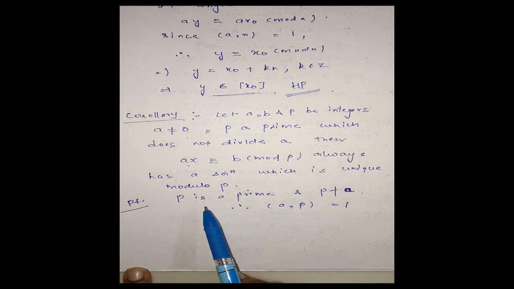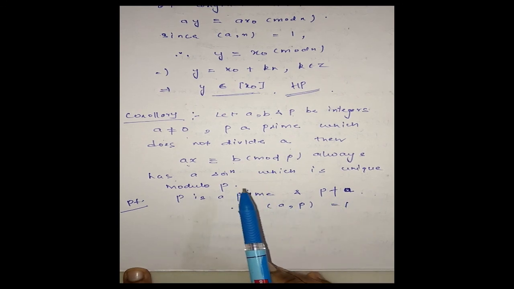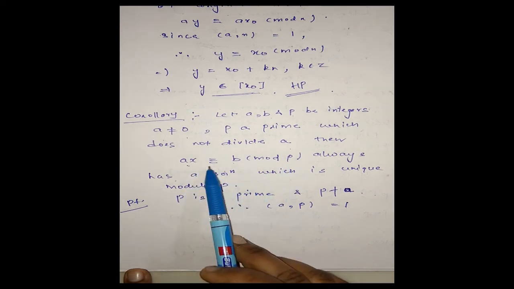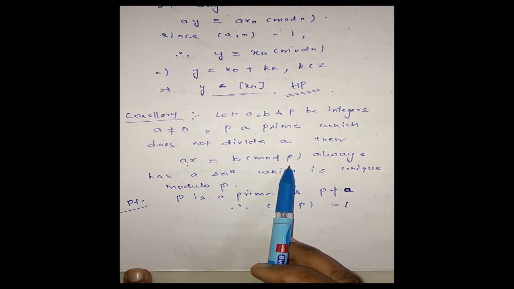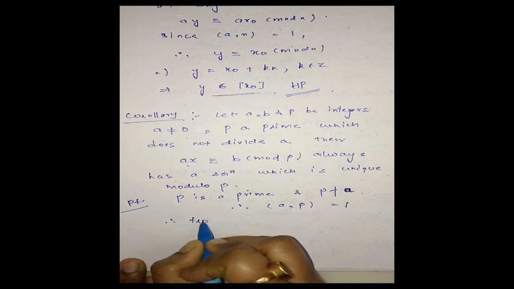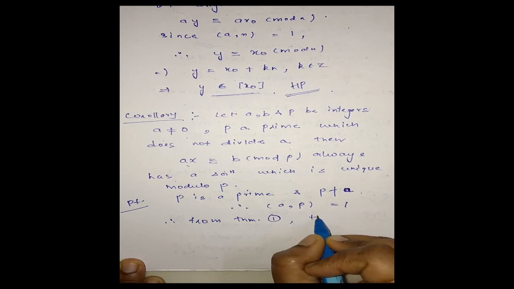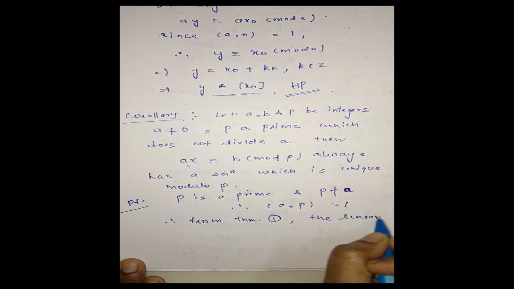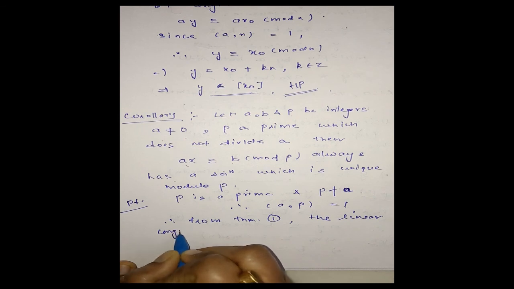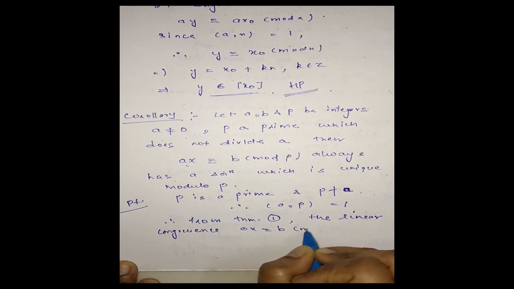Now from the above theorem number 1, which we have proved, P is prime and P does not divide A, so this GCD is 1. Then by theorem 1, this linear congruence has a solution. Therefore, from theorem 1, the linear congruence Ax congruent to B modulo n has a solution.